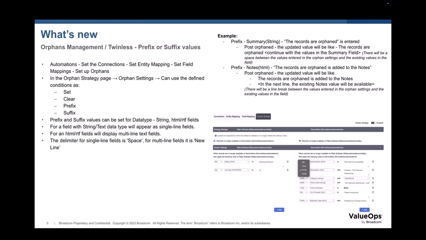I'll show how it looks in the demo. That's on the string field. If it's an HTML field, it will be appended as a new line. If it's going to be a suffix, after a line, you'll get this new value. If it's a prefix, you'll have the prefixed value first, followed by the value that is already present in the field.